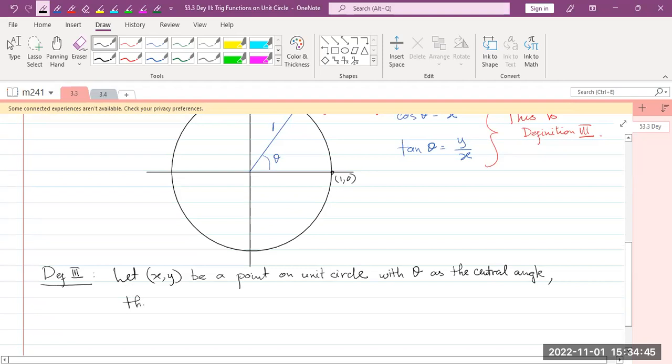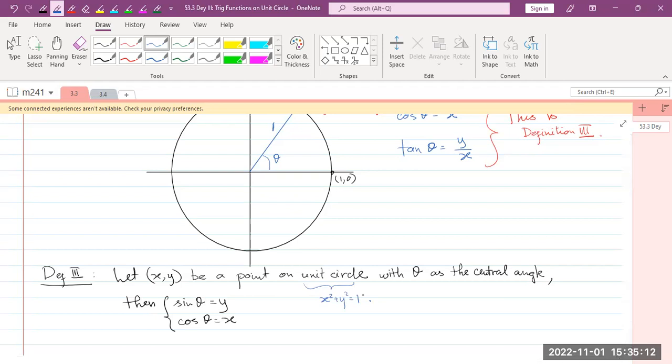Then sine theta equals y, cosine theta equals x. Now, that point is on the unit circle, which implies x squared plus y squared equals 1. Now, that's the third definition.